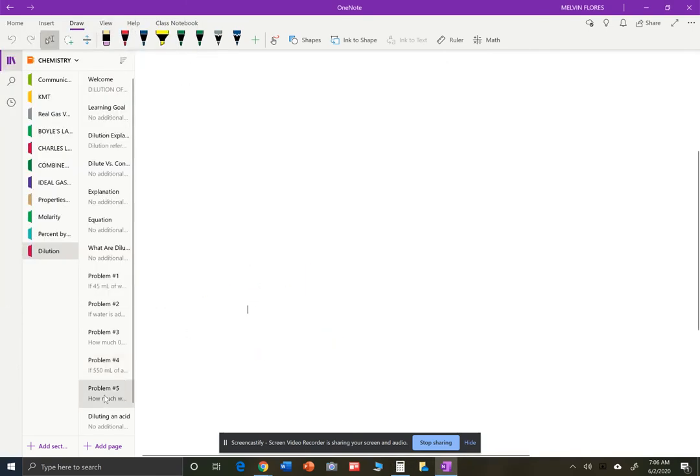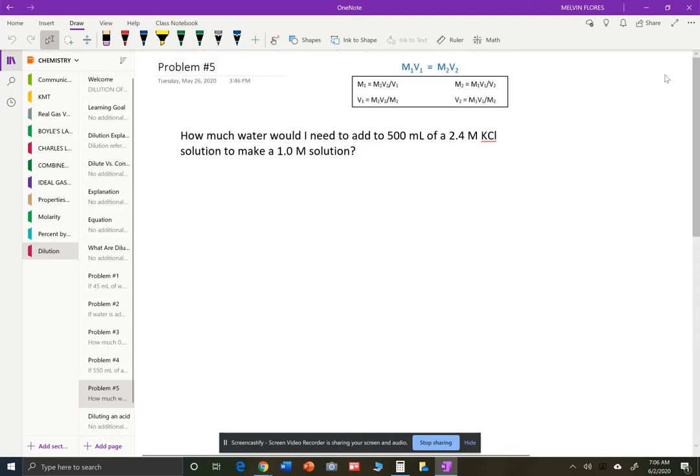Okay, let us look at the final problem. How much water would I need to add to 500 ml of a 2.4 molarity KCl solution to make a 1.0 molarity solution? Okay, so we have M1V1 equals M2V2.